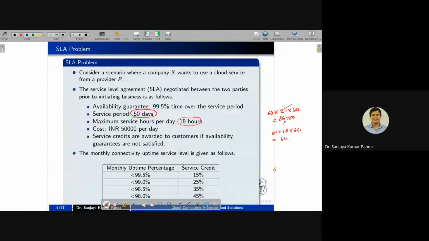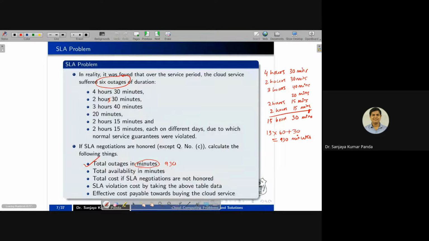So you will get 64,800 minutes. Is it correct? If there is any mistake in calculation, please let me know. Okay. So the second question is also solved.